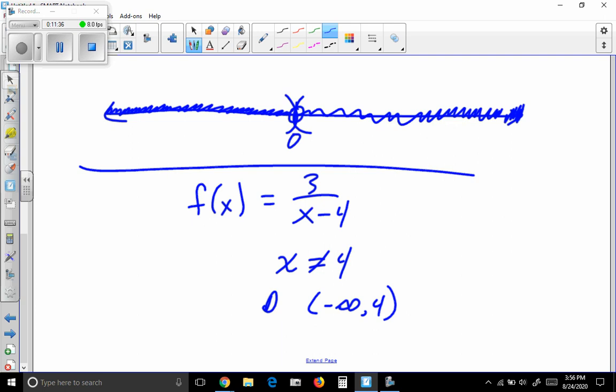And then if we go over that little gap, we would go close to 4 to positive infinity. And that would be our domain. That would include every real number that doesn't make that 0. This is the number that does make it 0. These are all the numbers that don't make that 0.